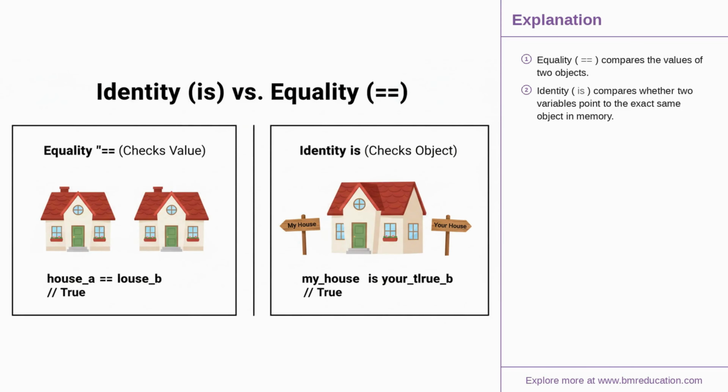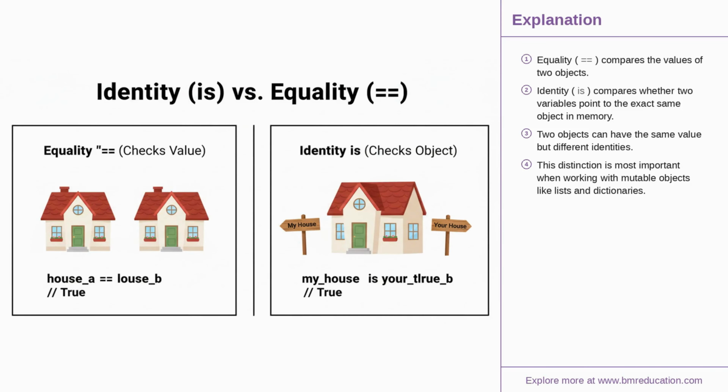Our next category, identity operators, touches on how Python manages memory. While double equals checks if two variables have the same value, the is operator checks if they refer to the exact same object. This is like asking if two people have the same name versus asking if they are the very same person.